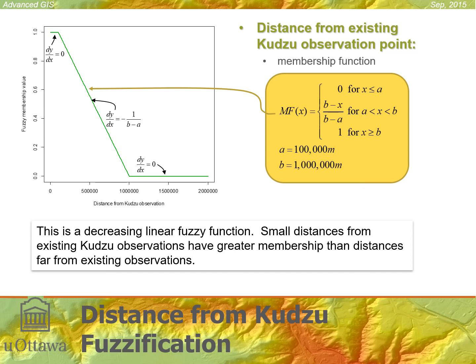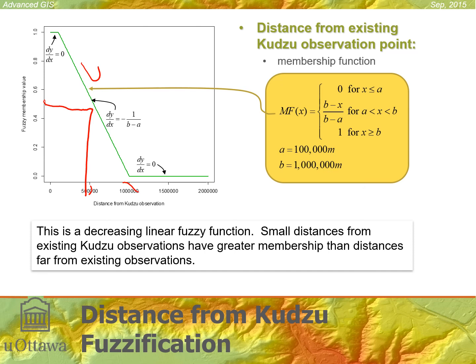Then, as we get more than 100 kilometers, we get less likelihood. So, for example, at 500 kilometers, we would be around half or so of the likelihood.